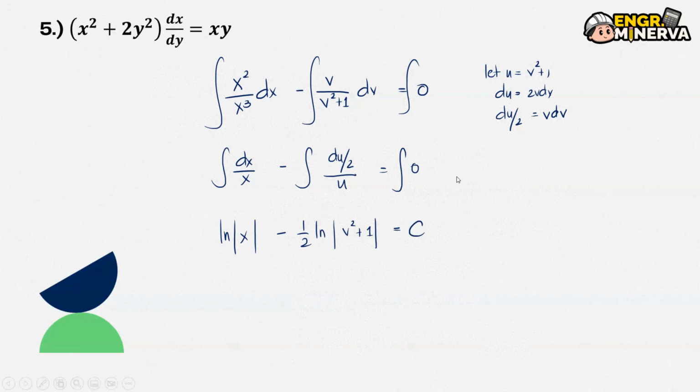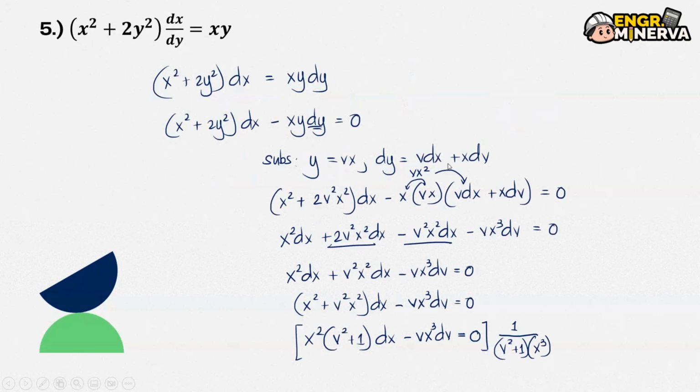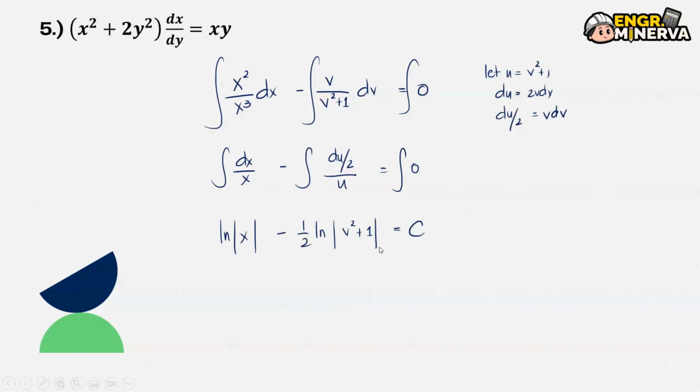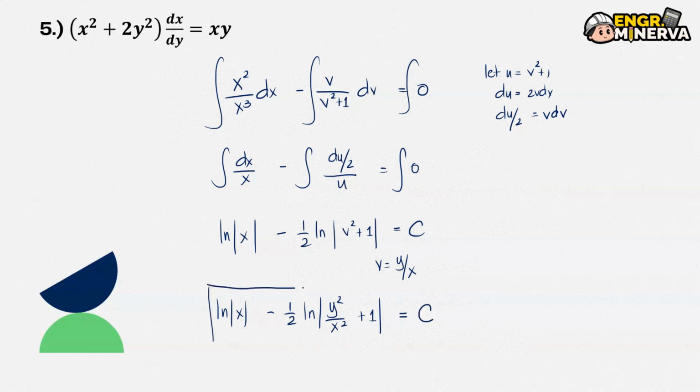But again, we revert back to our original variables. So your v is equal to y over x. Substitute, that would be ln of x minus 1 half ln of y squared over x squared plus 1 equals c. So that is our final answer. So thank you so much and God bless.